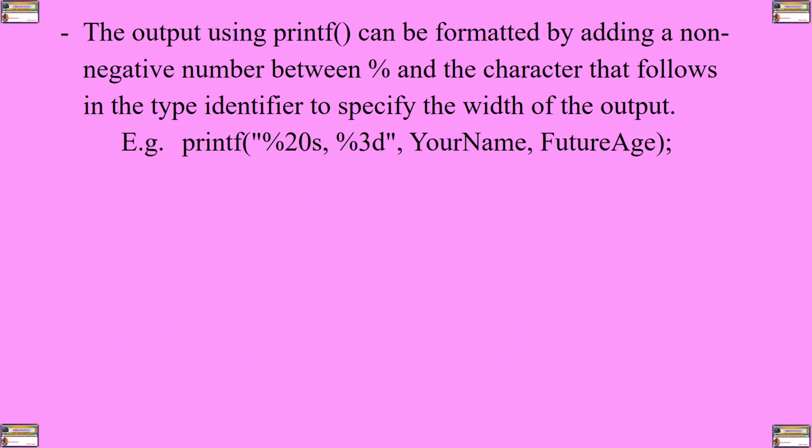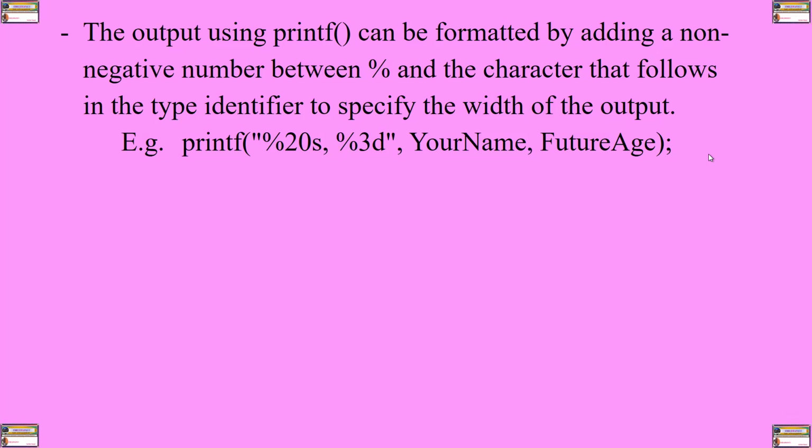For example, if in the memory location you have a name which is bigger, but you want the maximum number of characters to be displayed to be 20, for example, then you can format it as follows.